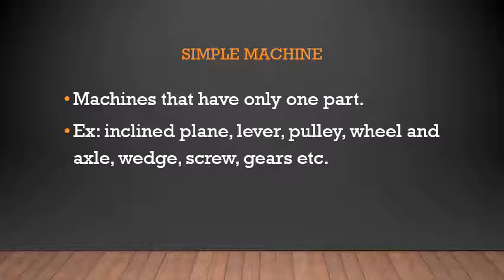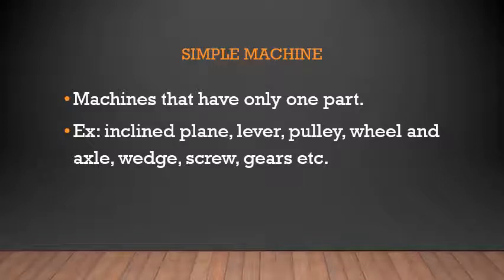Now first we are going to see what are simple machines. Simple machines means machines that have only one part. Like when you are using the net in the aquarium, it only has one part. Examples that are given are inclined planes, lever, pulley, wheel and axle, wedge, screw, gears, etc. All these things are simple machines.